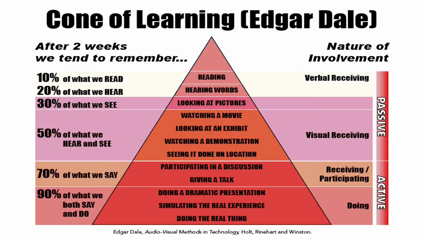And then 50% of what we hear and see, like watching a movie, looking at an exhibit, watching a demonstration, seeing it done on location. 70% will be retained, 70% of what we say. So, participating in the discussion or recitation or giving a talk. In this manner, 70% will be retained, or we tend to remember 70% of it.